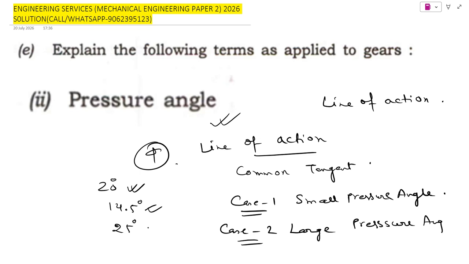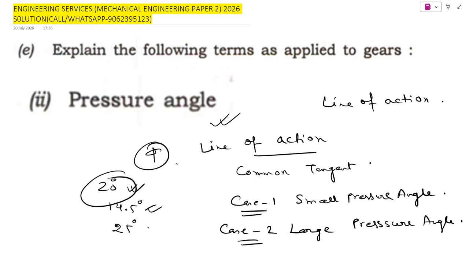Stronger gear teeth and higher load carrying capacity are the advantages, and what are the disadvantages? Higher radial force, greater bearing load, more vibration and noise. So therefore the engineers choose a value that gives the best balance. Okay, so that is why this 20-degree pressure angle has become the universal standard.